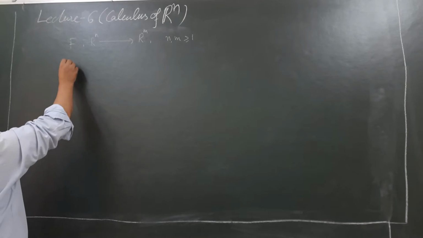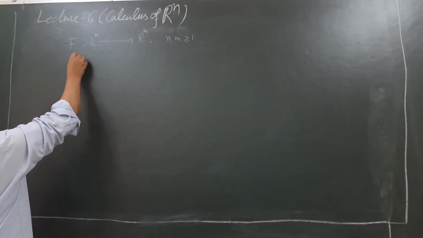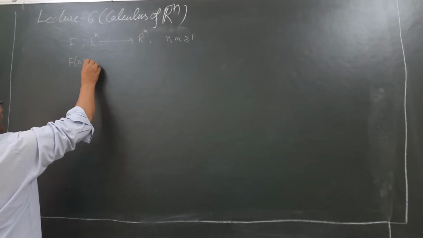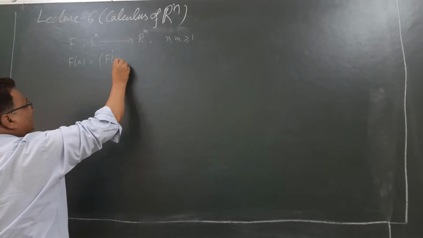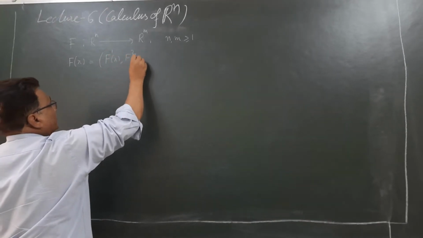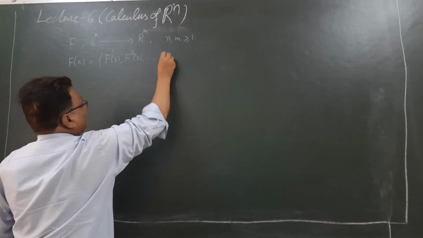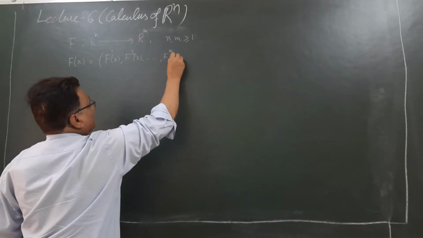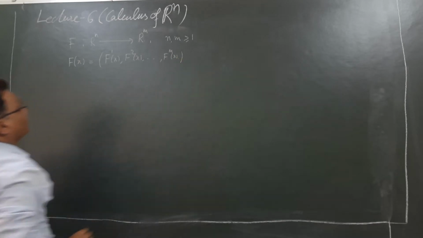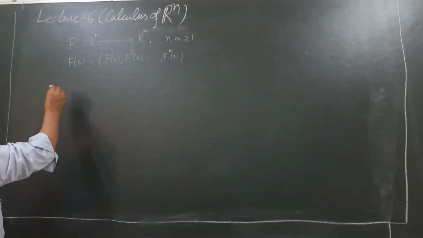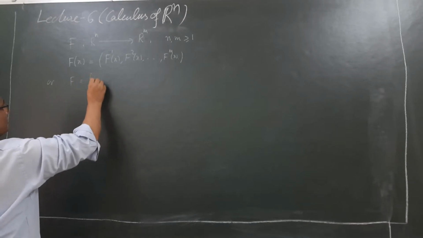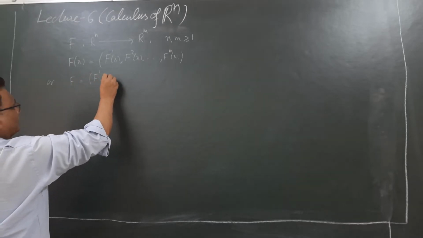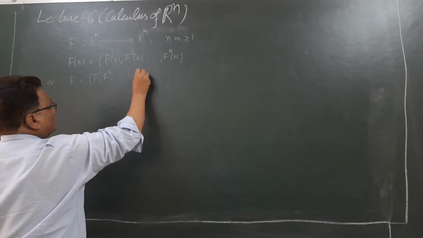For these functions, we observed that f has components, say f1(x), f2(x), and so on. It has m components. In short, we also write this as f equal to (f1, f2, ..., fm).